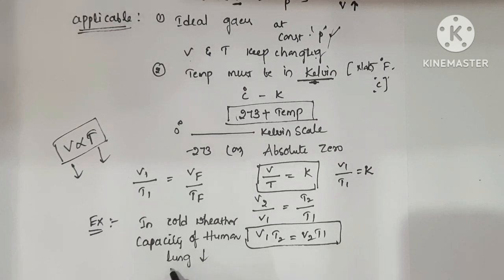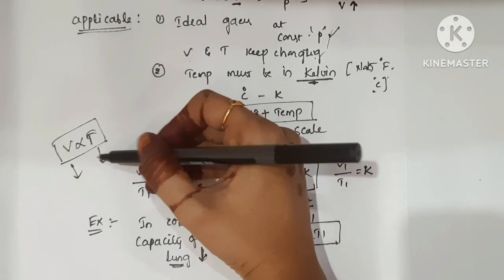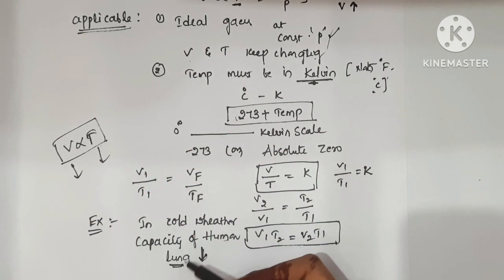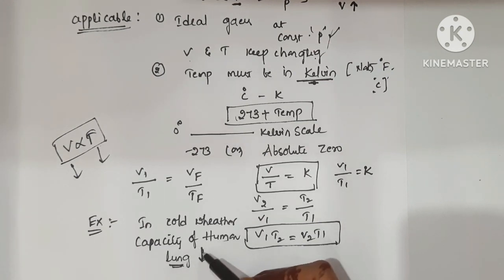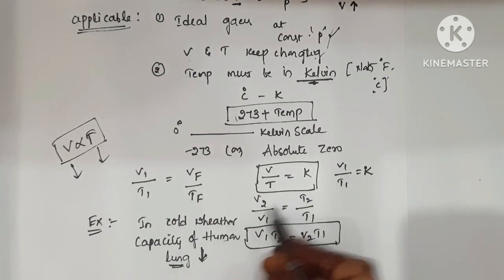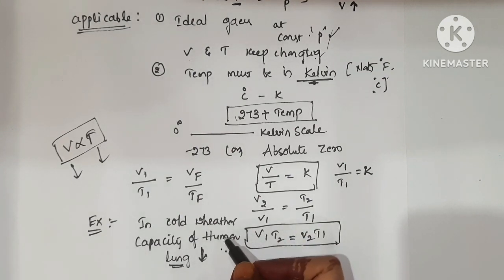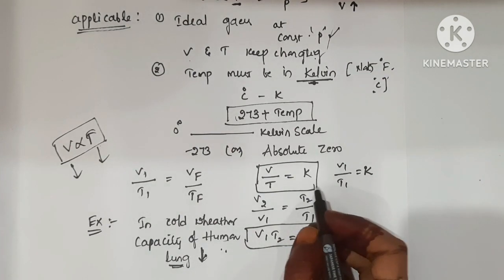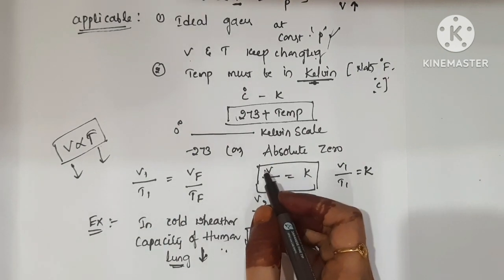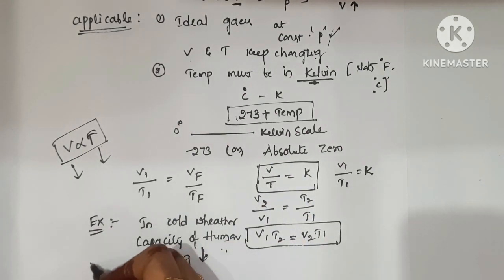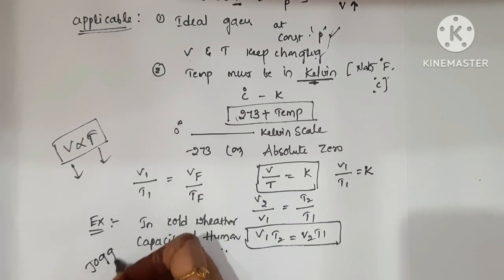All of you know how the lungs work, right? The capacity of human lungs decreases as the temperature decreases. That's why the volume of the gas, that is, the air we are breathing, decreases. That's why it is difficult for people to go jogging in winter, right?